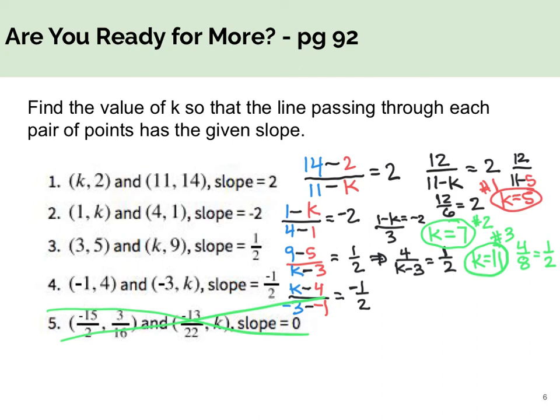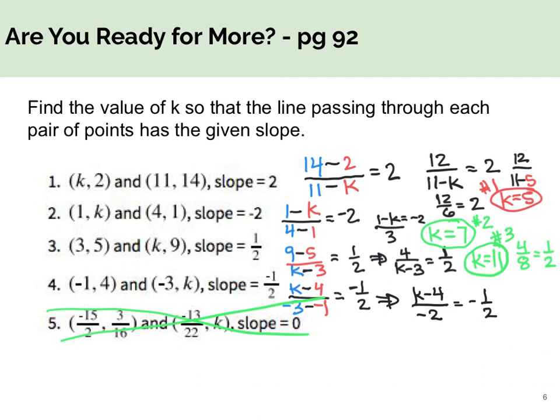So 3, let's try it. 3 minus a negative 1 is going to equal 2. So all of this over here is going to be k minus 4 over 2, and then we have a negative 1/2.